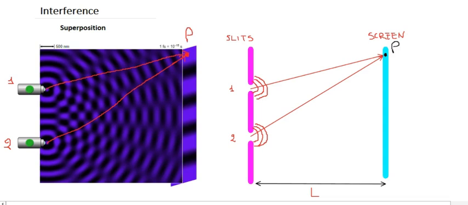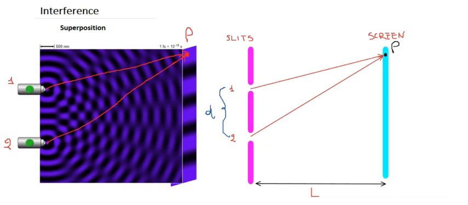Let's call the distance between the two slits just little d. And then I will call the big L the distance between the screen on the right and the slits on the left. My waves have different patterns. The wave coming from the slit number 1 looks like it's covering less distance than the wave coming from the slit number 2.